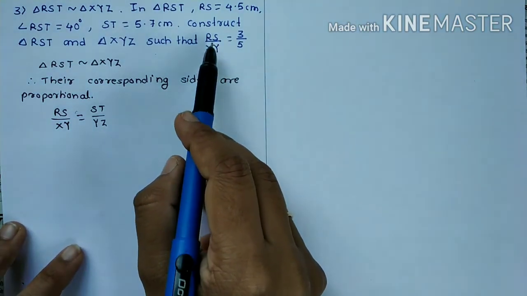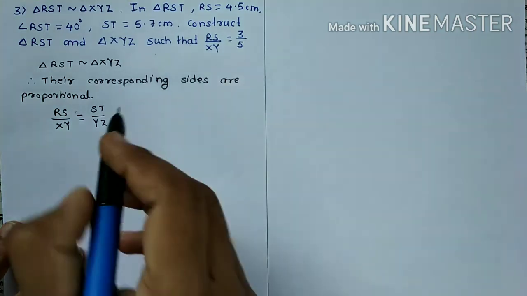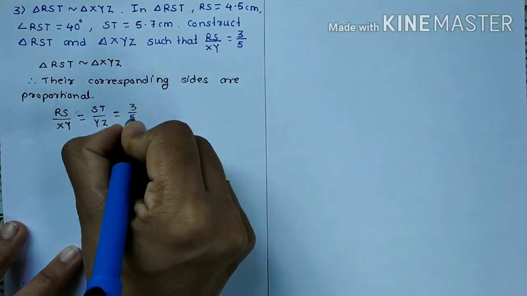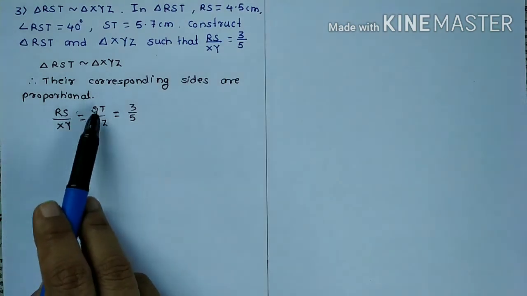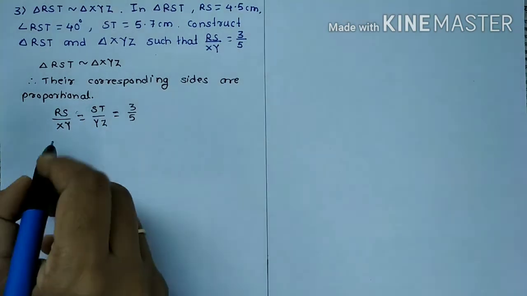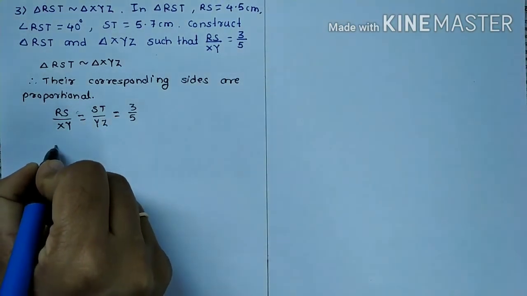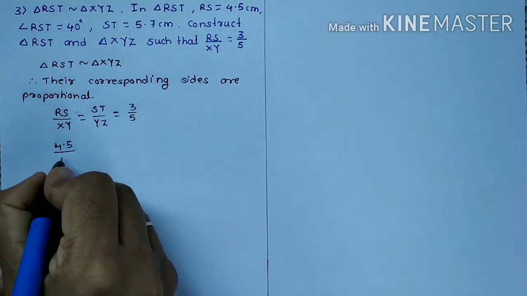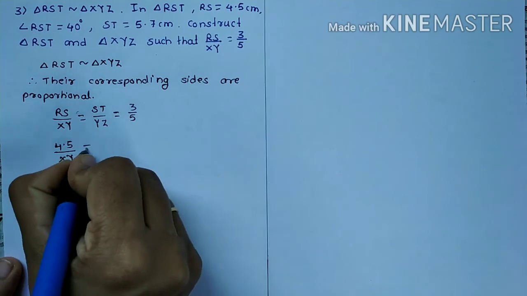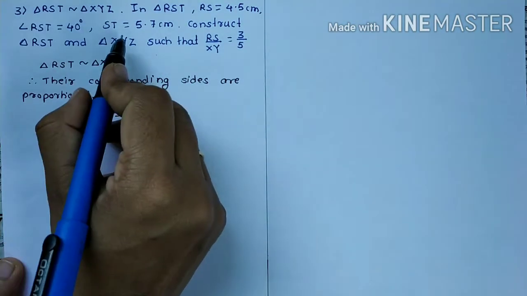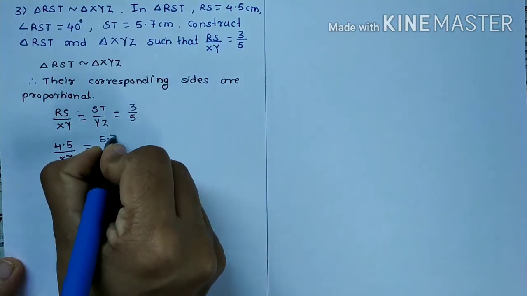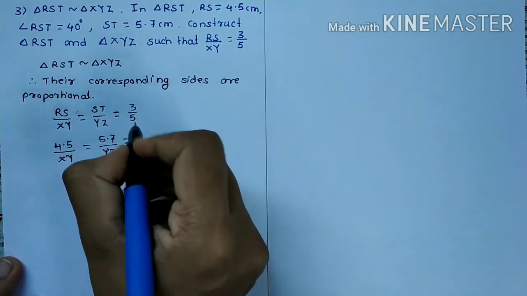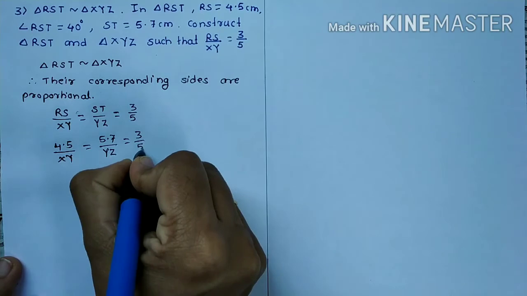And given that RS upon XY is equal to 3 upon 5. Substitute the value of RS and ST. Length of RS is 4.5 upon XY. ST is 5.7 upon YZ equal to 3 upon 5.